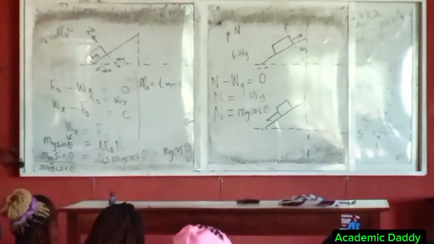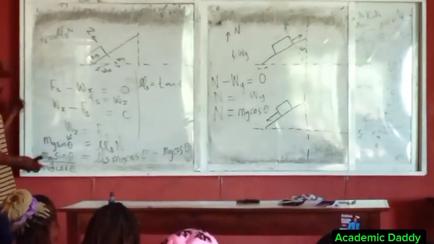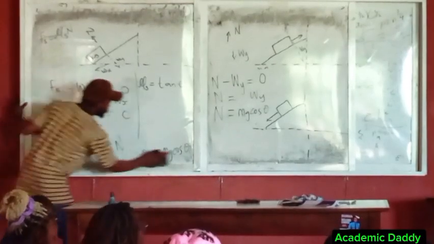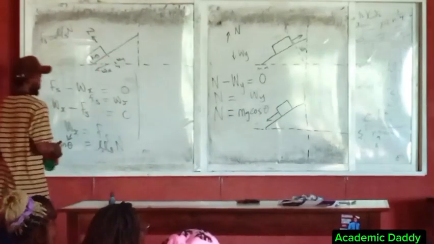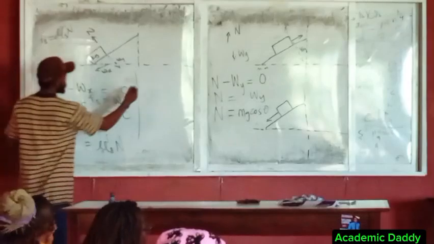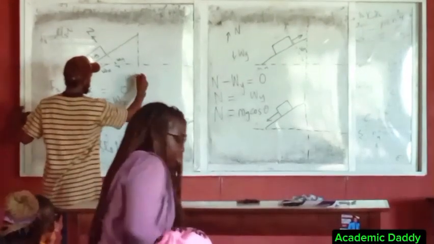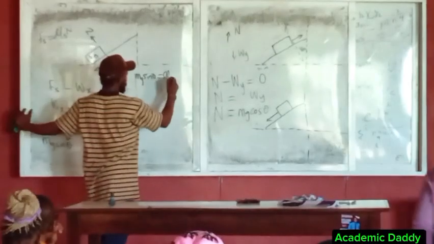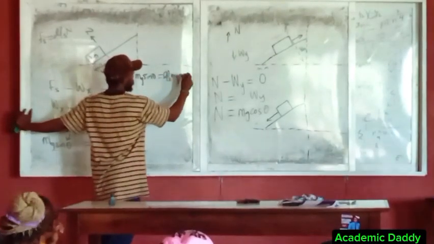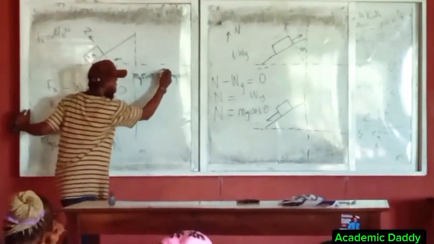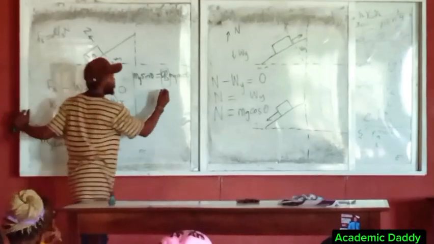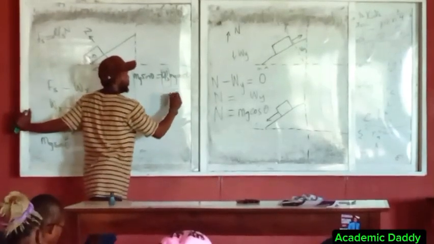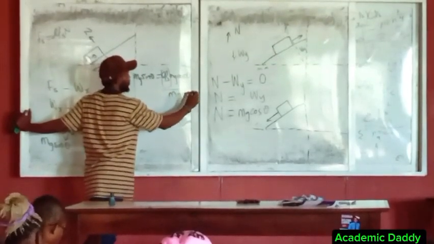Now see, at this point, let me clean this side. Let's do it here. I have mg sin theta. Mg sin theta equals the coefficient of static friction times mg cos theta. So if I want to make this the subject of the formula, I have to divide both sides by mg cos theta.